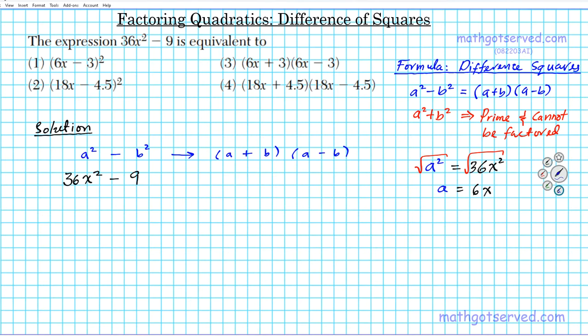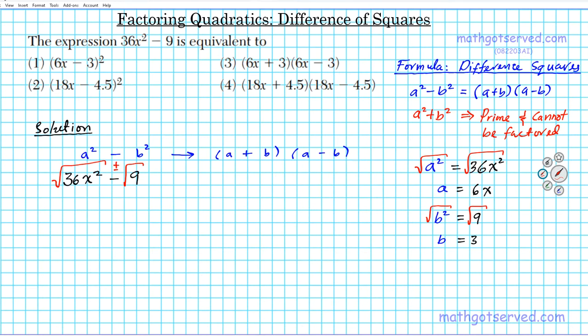And then for b, we determine what b squared is in this setup. B squared is 9, so b is the square root of 9, which is 3. In essence, the shortcut is taking the square root of the first term and the last term, and then expressing those roots as a sum and a difference.